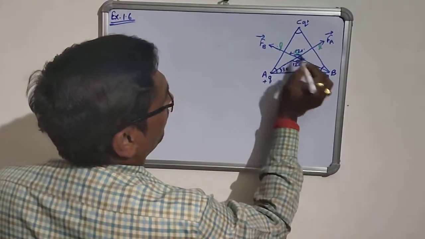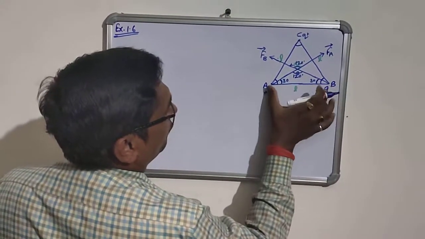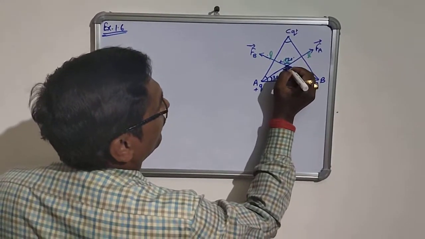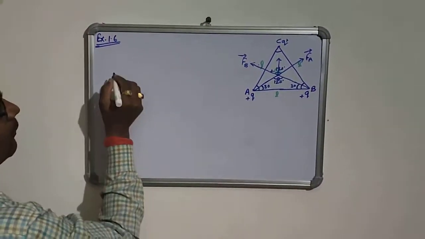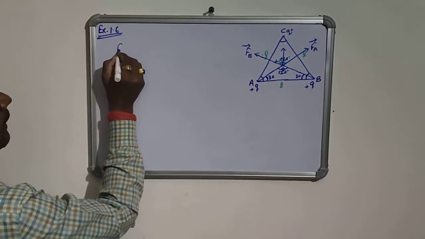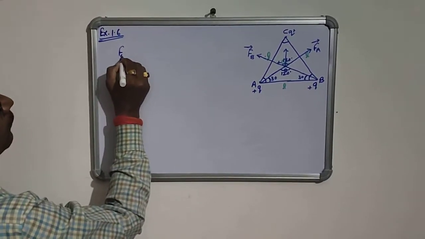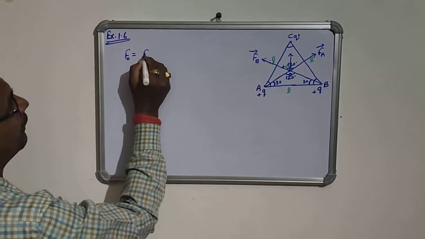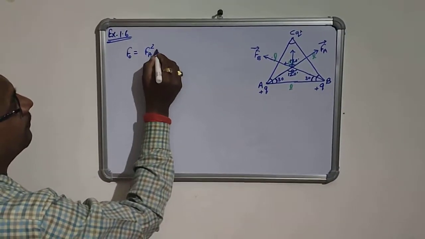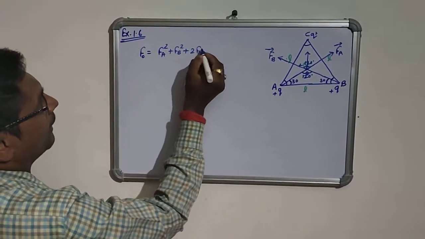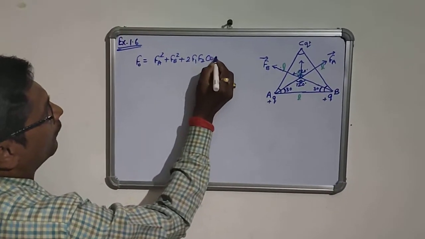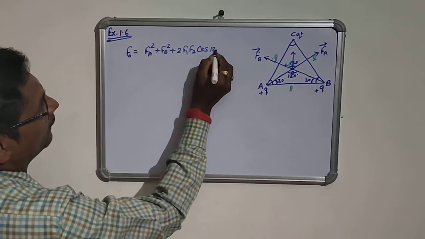Okay. Now the resultant force applied by the two charges on this charge is in this direction, and the magnitude can be calculated by the formula of parallelogram law. FO is equal to the square root of FA square plus FB square plus 2 FA FB cos 120 degree.